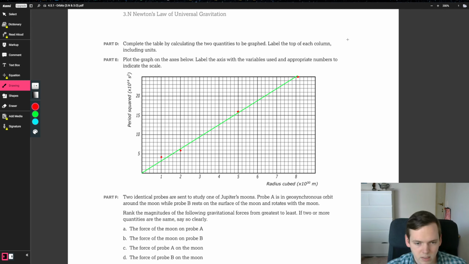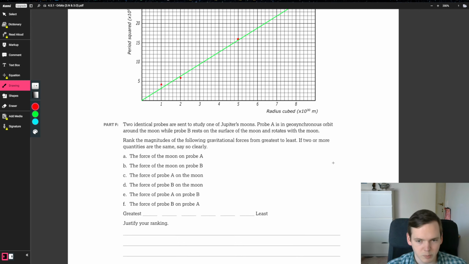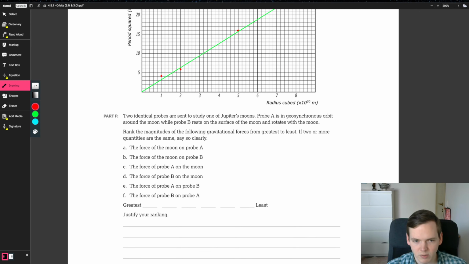That all looks great. Two identical probes are sent to Jupiter's moon. Probe A has a geosynchronous orbit. Probe B rests on the surface of the moon and rotates with the moon. Rank the magnitude of the following gravitational forces from greatest to least, and if two quantities are the same, say so.